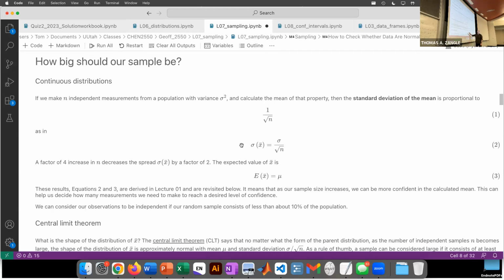Another way to think of it: if we have a normal distribution like we would expect for heights or weights, the mu, the average of those values, is going to be right smack in the middle.